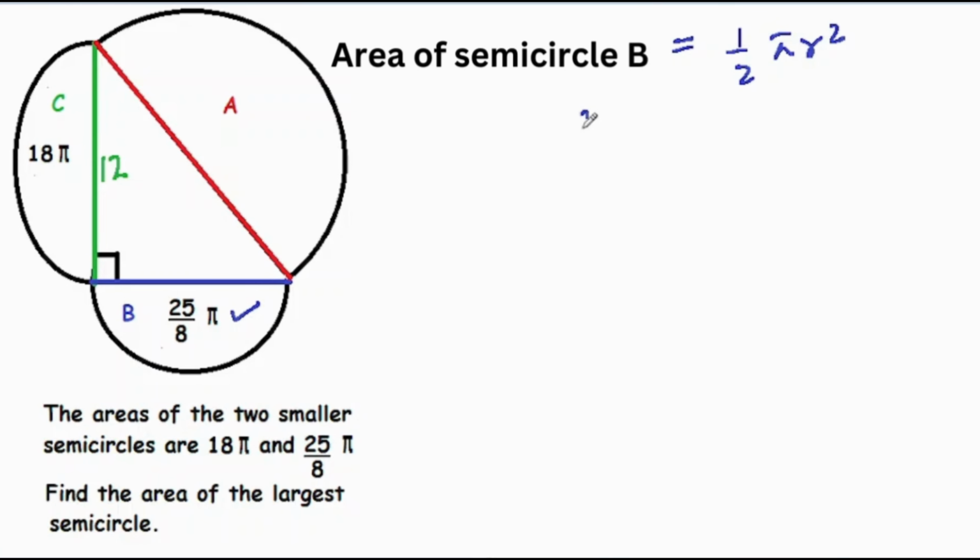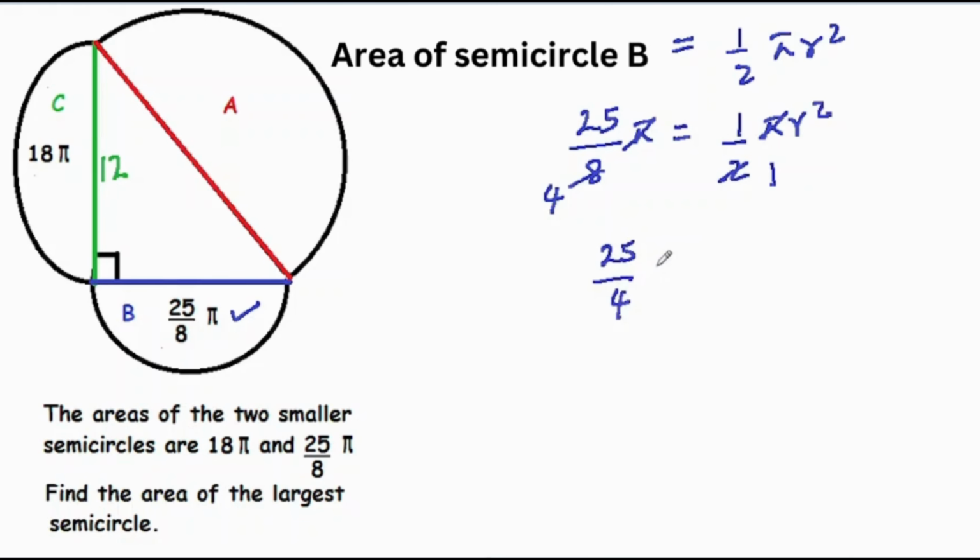So we are given that 25 over 8 pi is equals to 1 divided by 2 pi r squared. So pi, we cancel pi. 2 can also divide 1, 2 here 1, 2 in 8, 4. So we're going to have 25 divided by 4 is equals to r squared.